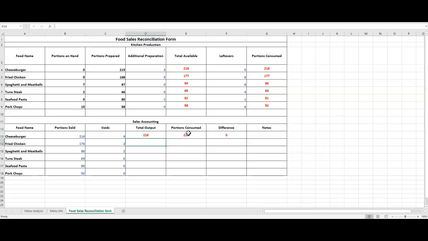Okay. Fried chicken, we're going to have a little bit of a discrepancy here, but 176 portions sold with 2 voids gives us 178. Well, we noticed that we had 177 consumed. So your question is, when we look at consumed minus total output, what in the world can happen here? We actually were 1 below.